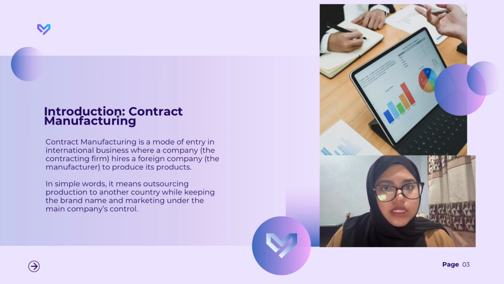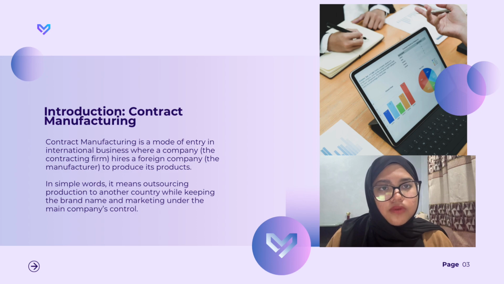So my explanation is: Apple is a well-known American technology company famous for its innovative products such as the iPad, iPhone, MacBook, and Apple Watch. The company designs and develops all its products in the United States, focusing on creativity, technology, and user experience. However, the manufacturing process is not done in the USA.